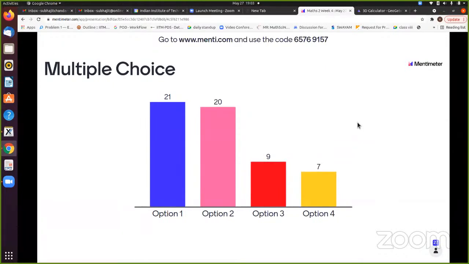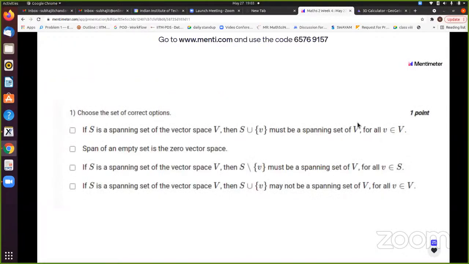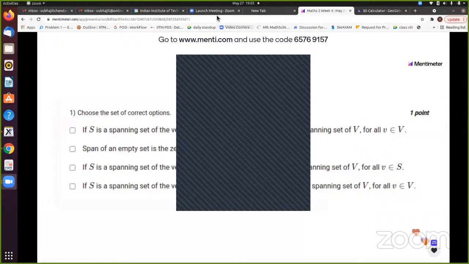Let's wait for some time. Anyone who wants to put their answers still? Okay. So more or less, the first and second options are correct from the majority of votes, but 3 and 4 also got some votes. So first option.